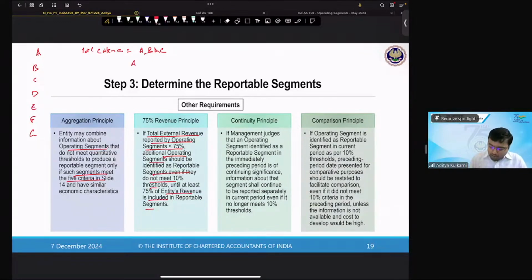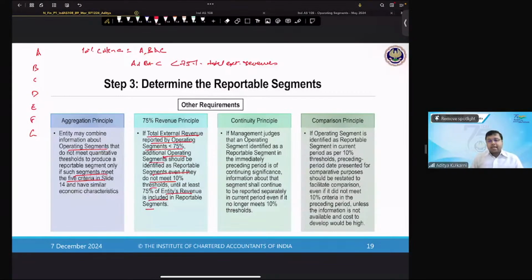Now, the problem is the external revenue of A plus B plus C is less than 75% of total external revenue. Are we able to understand?